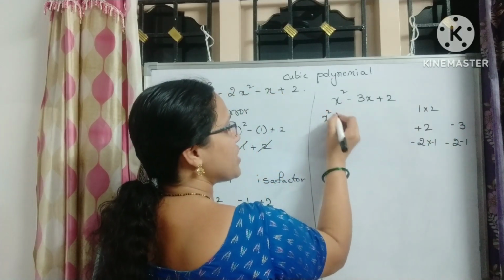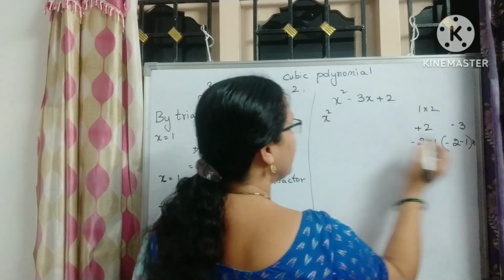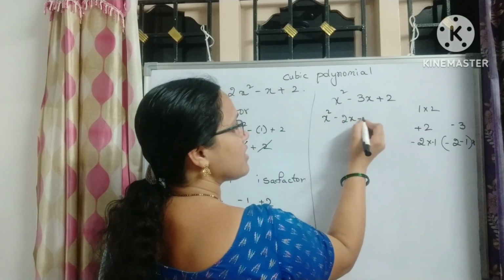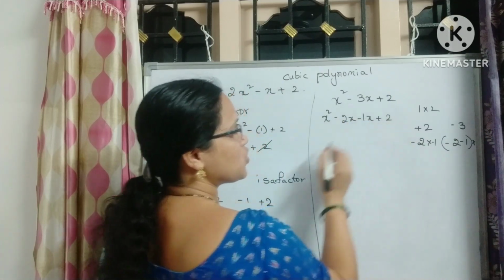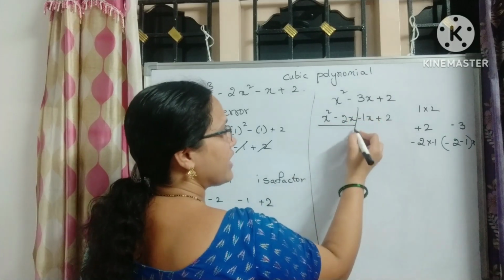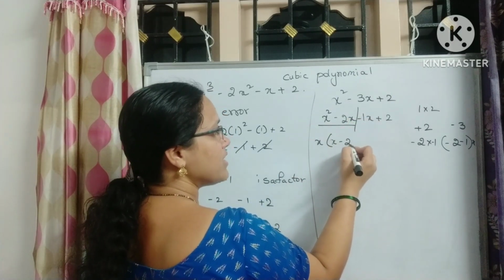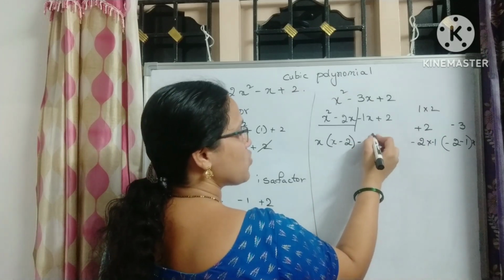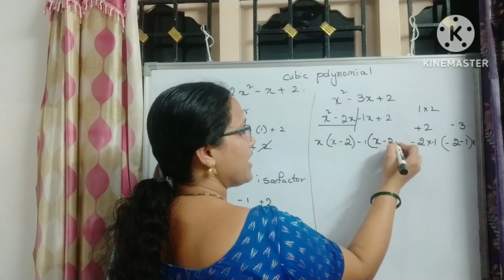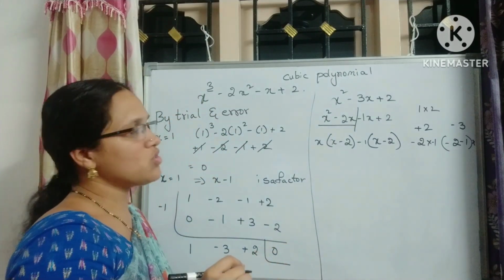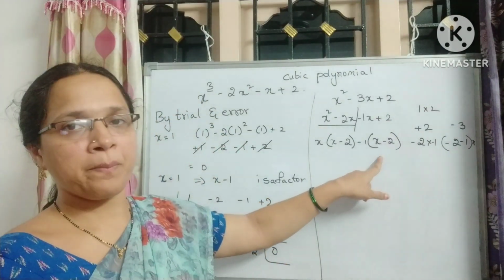So let me change my middle term by writing minus 2x minus 1x plus 2. Okay. So segregate the terms and take the common factor here. x minus 2 minus 1 common here, x minus 2. So how did you get minus here, children?